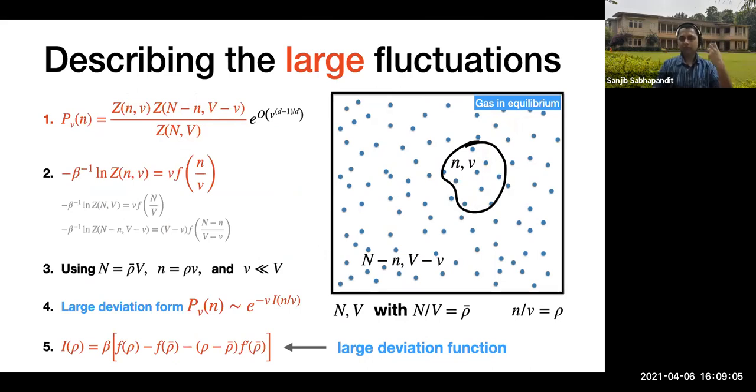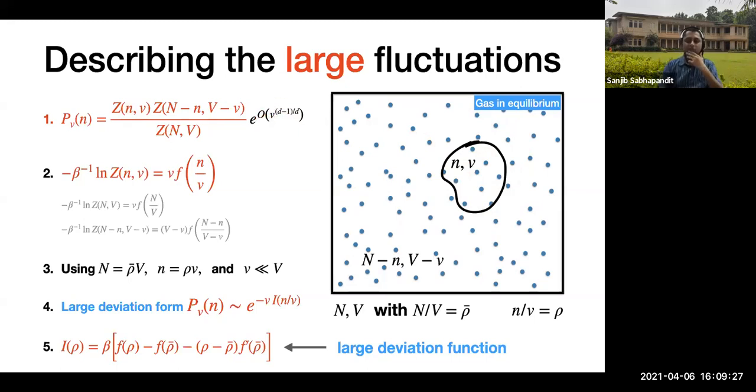I'm assuming that this gas has short range interaction, so that the contribution from the interaction between the particles inside and the particles from the outside volume is proportional to the exponential of the surface area, which is the smallest term, compared with the exponential of the volume. So I'm going to neglect this term.